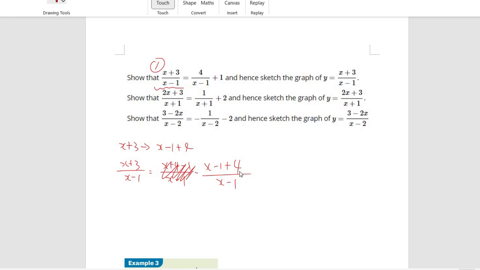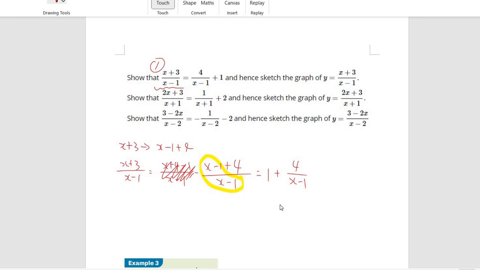In this case, we can further decompose this algebraic fraction into two parts. The first part, if I highlight this bit, is x minus 1 over x minus 1, which is 1. Then for the second part, you have 4 over x minus 1. So that's how we generally prove that.